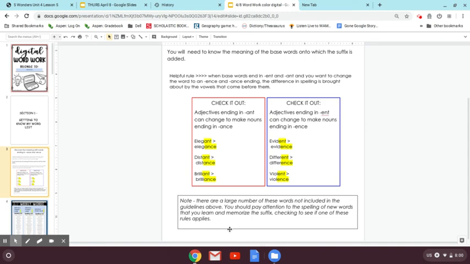Actually, in the support level, there's the word dance and chance, and you can't figure out a base word from there. So in that case, pay attention to the spelling of these words. You would have to memorize them for the spelling, because the rule here that I'm showing you doesn't really apply.